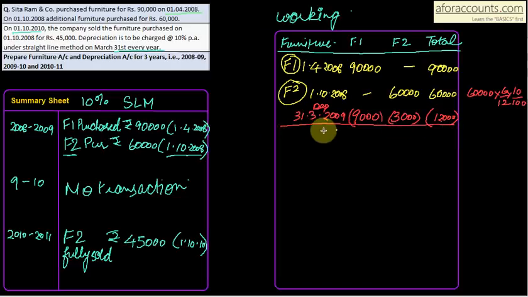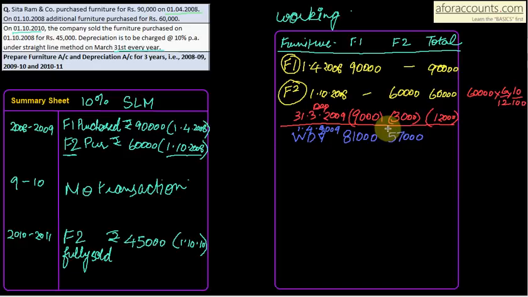Now comes your WDV. WDV on which date? WDV on 1/4/2009. 90,000 minus 9,000 comes up to 81,000. 60,000 minus 3,000, 57,000.